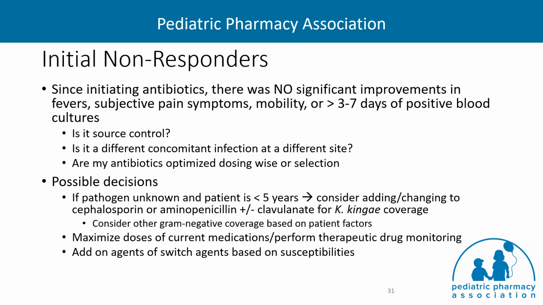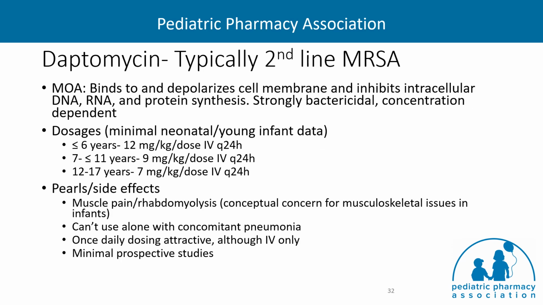So if the patient's less than 5, you might add on something with Kingella coverage, which is typically a cephalosporin or an aminopenicillin plus or minus beta-lactamase inhibitor. Or you may either add on other gram-negative coverage if you think they have specific risk factors for it. We already talked about maximizing the doses. And then there's also a possibility you could add on or change to different agents based on susceptibilities.